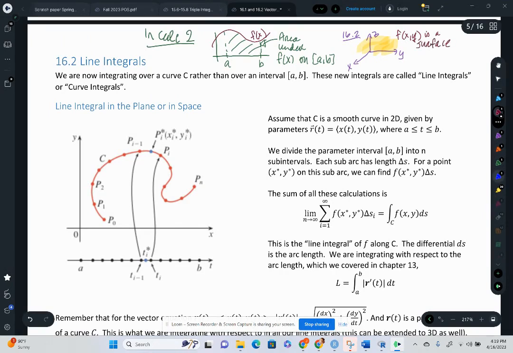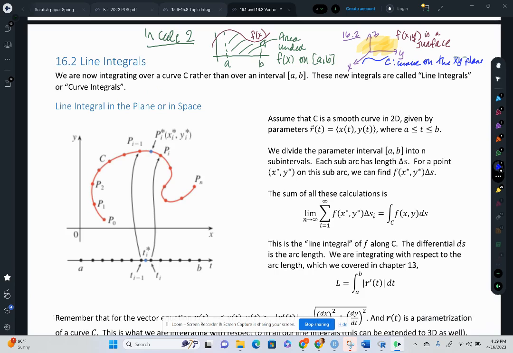And then on the 2D plane, the xy plane, we have maybe some curve, C. And what we do here is we integrate f over the curve C.